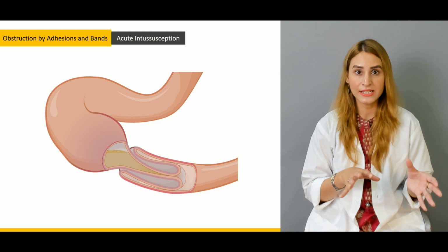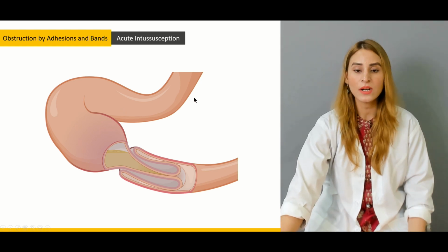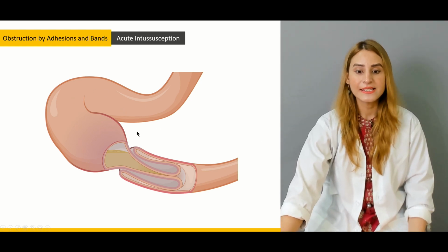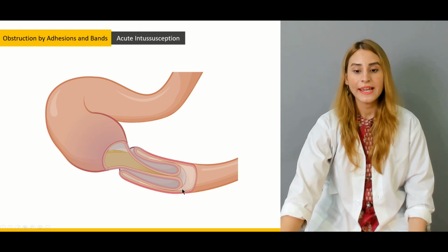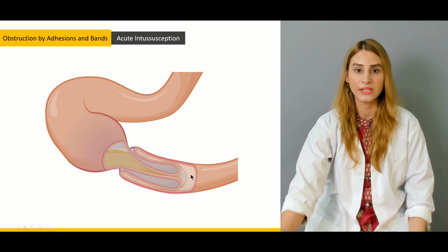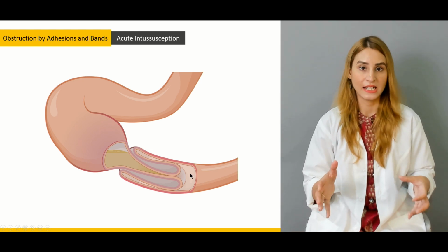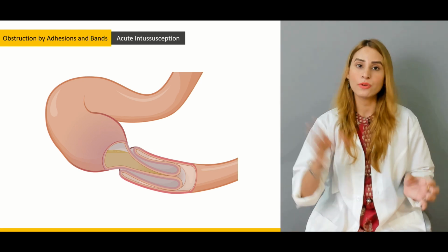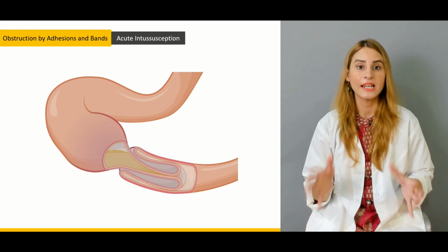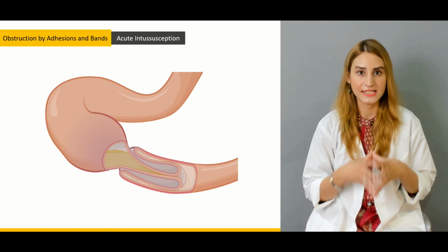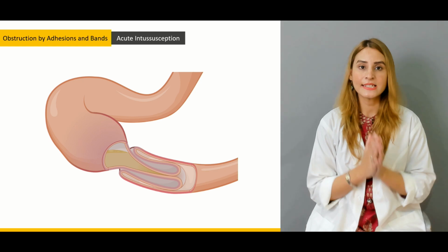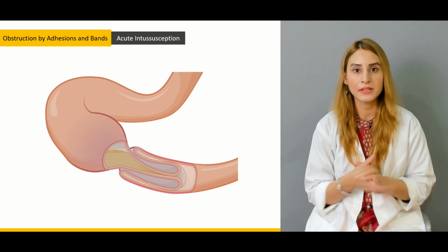In acute intussusception, this is one segment of the intestine, this is another segment, and one segment is pushed into the other segment. A portion of the intestine goes into the other portion. This is called intussusception, right?